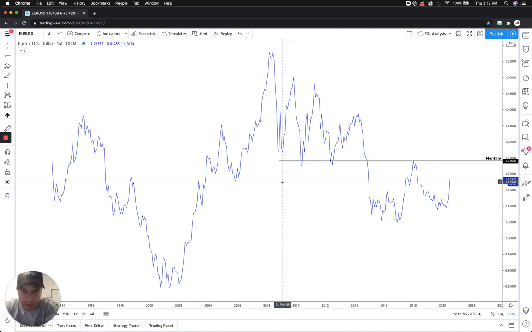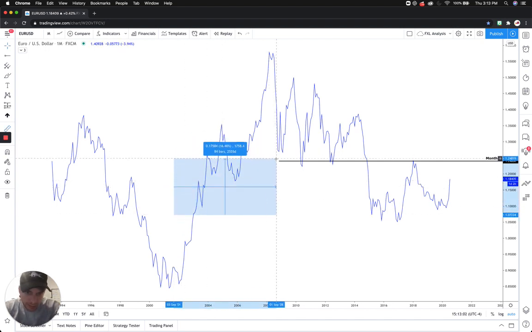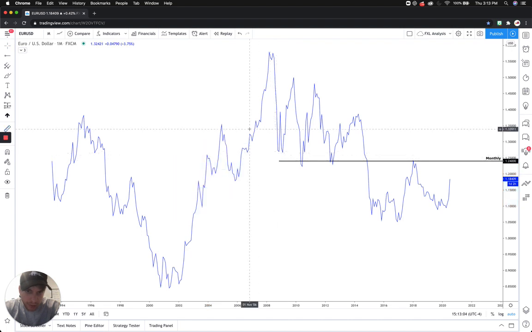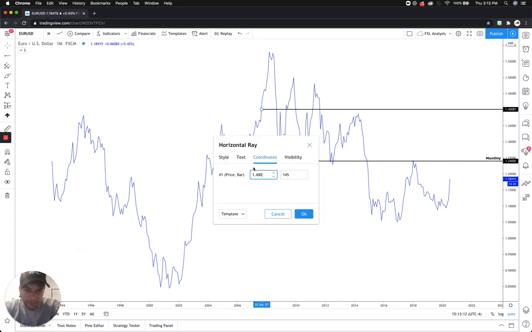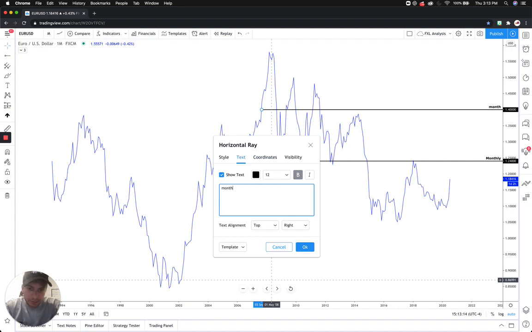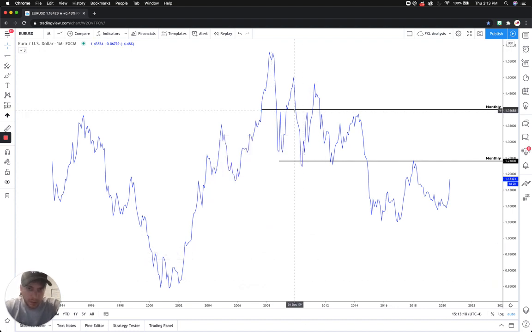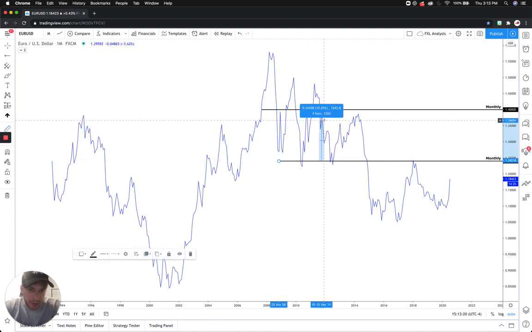Okay, so next we want to find another level. I like this one down here, but let's check, see how wide the spread is. A little too wide for me. I think this area up here might do it. Let's see. 1.4. Let's take a look. All right, let's check the range on this.